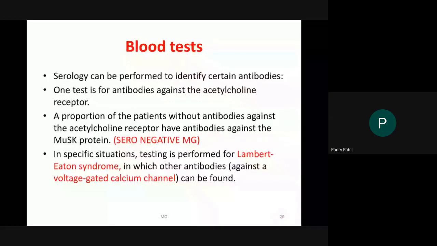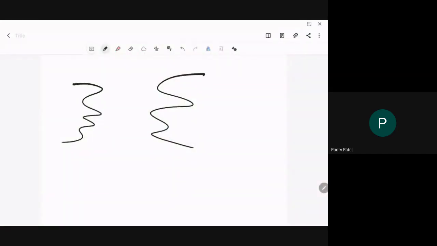Okay, let me just draw. So say this is the nerve and this is the muscle.